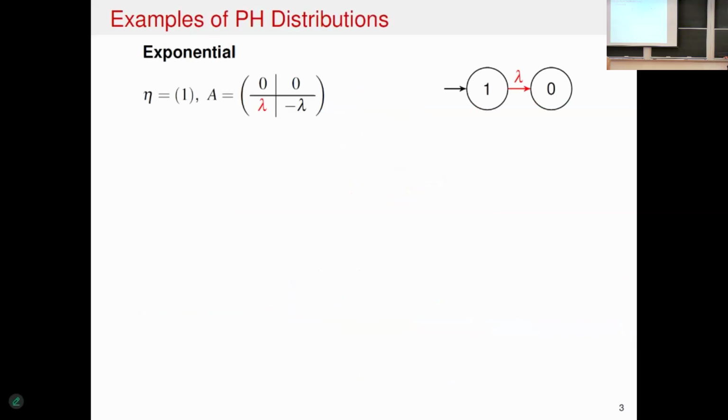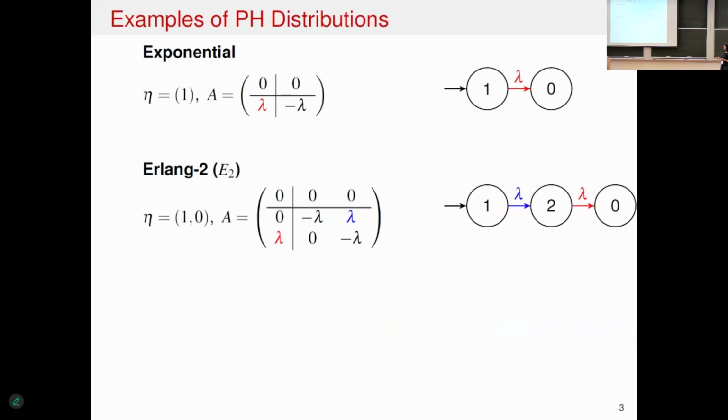Using phase type distributions, we can have many familiar examples of the distributions that we know. For example, the exponential distribution has the structure of a phase type distribution through eta and A, which is given here. Also, a sum of exponential distributions, or Erlang K distribution, has a phase type distribution with this structure.